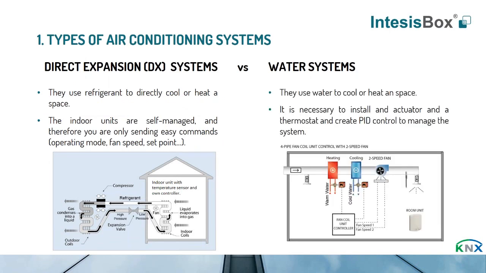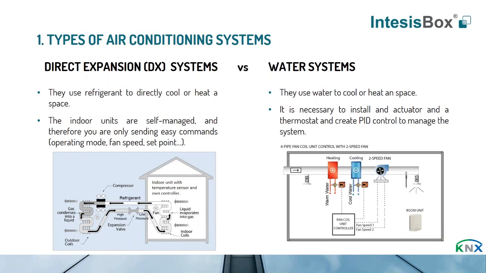So, mainly we have two different kind of systems for the air condition. One of them is the direct expansion and another one is the water systems. What Christoph was explaining in the previous presentation, let's say, is focusing in the water systems.